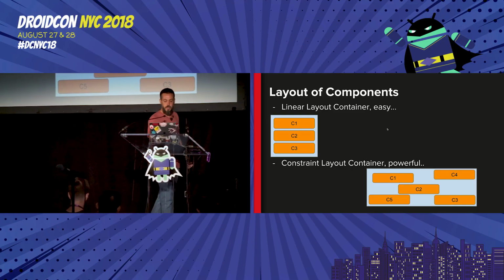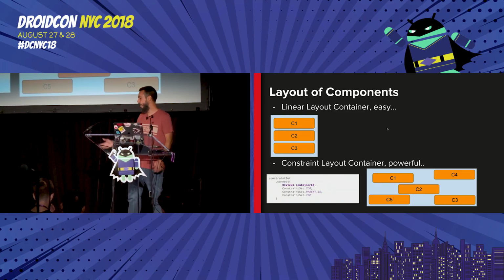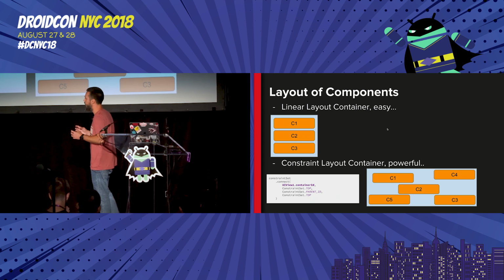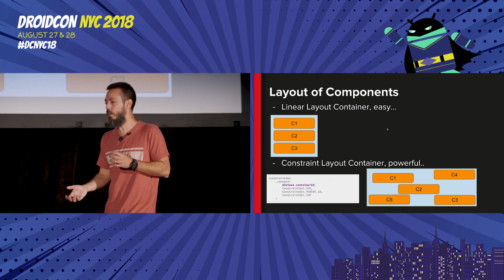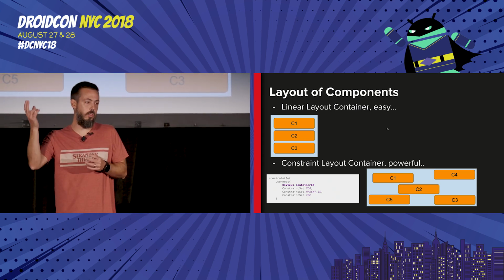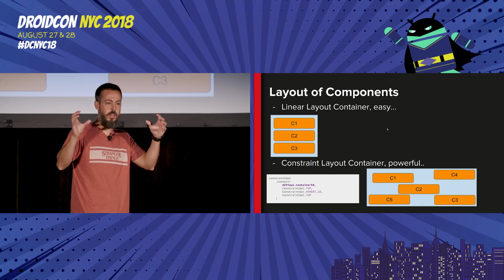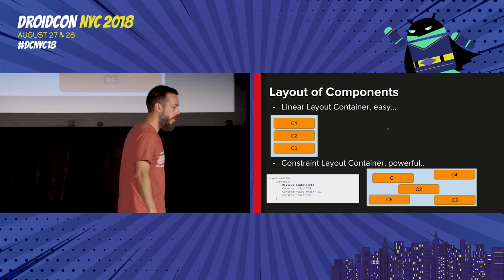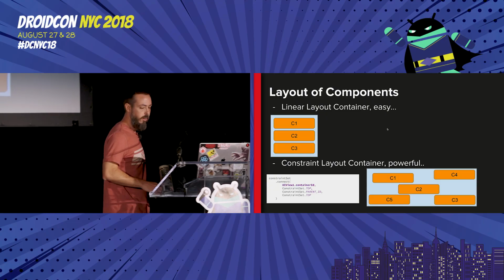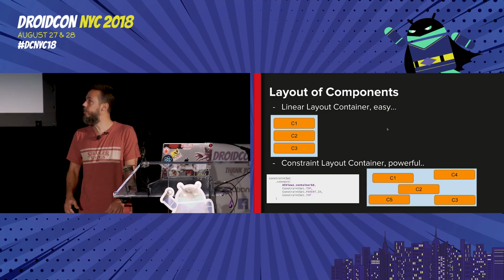And then we can say this component should be to the left of that component, or it should be on top of this component. And this is how we lay out the whole thing. It needs some programmatic layouting to set the constraints.